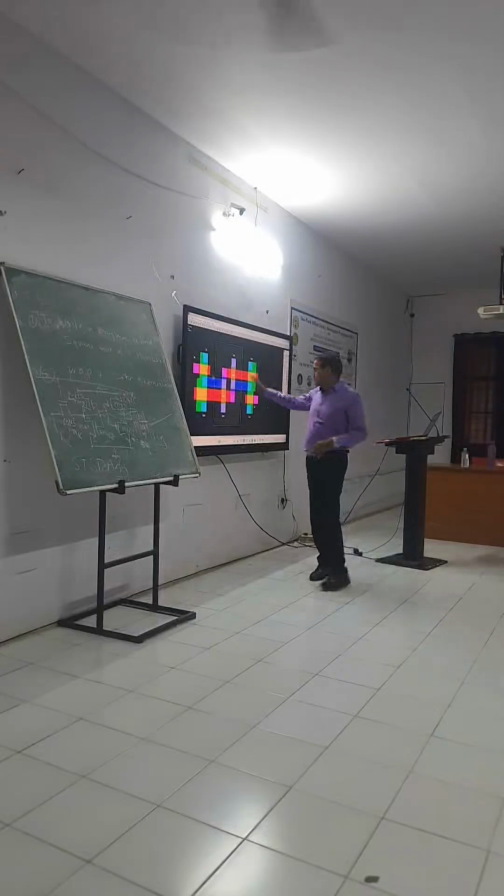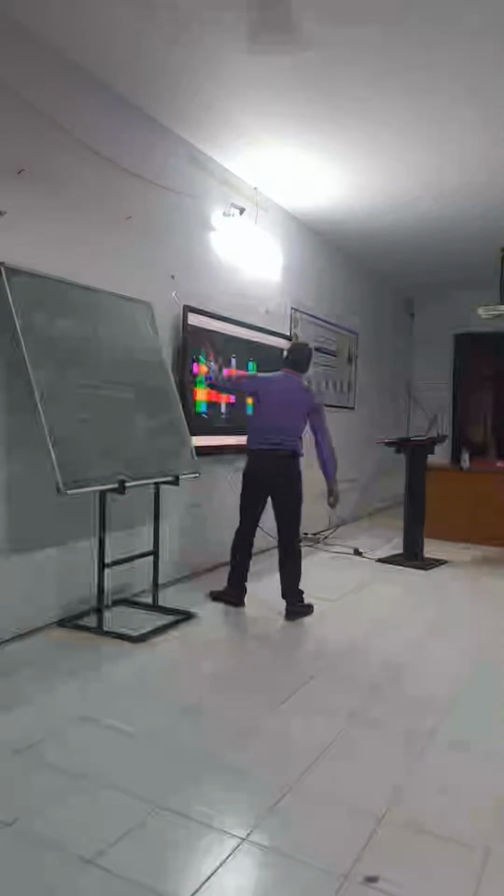One side I got it, and the same way on this side I have put all the connections.